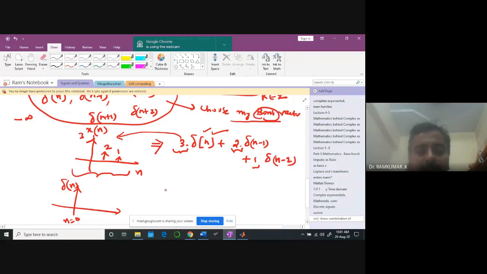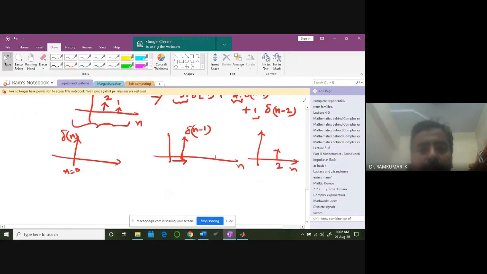For delta n minus 1, I am doing a right shift, a delayed signal. The third one is delta n minus 2, at n equal to 2. And the corresponding coefficients are the scaling.